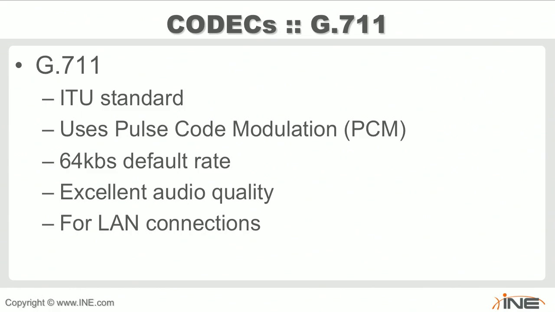G711 is based largely around that. It has excellent audio quality, and it's typically used on local area networks. This is not exclusive, it doesn't only have to be, but for the sake of the exam and for the sake of most situations that you'll look at, it is used on LANs.